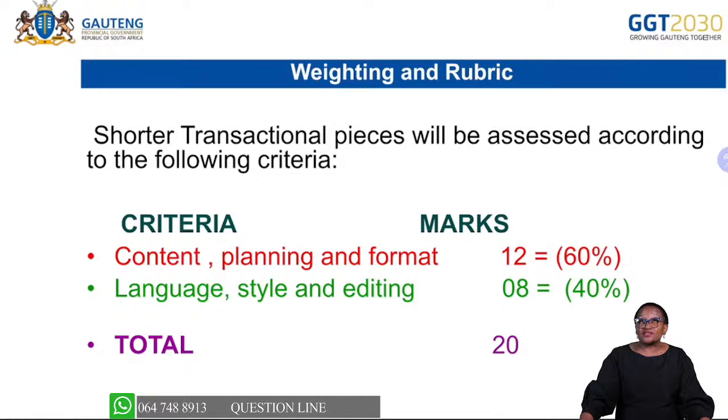And that gives us 60% of the text. We also have the language, style, and editing mark, which is 8, and that carries 40% of the text. And all of that will give us a 20, which is the total mark for the text.